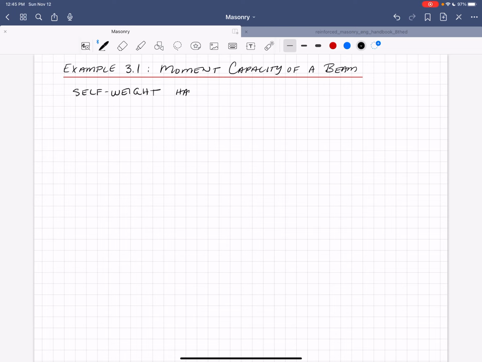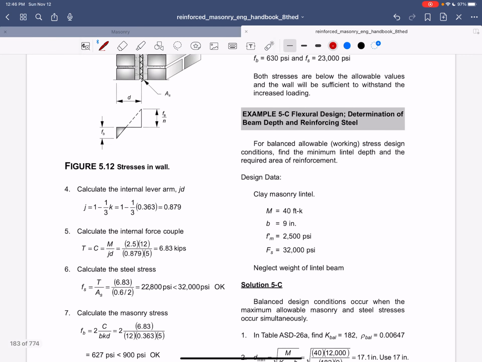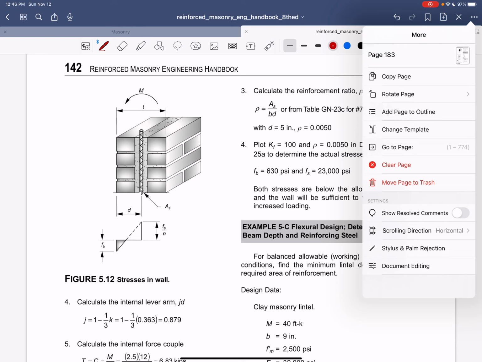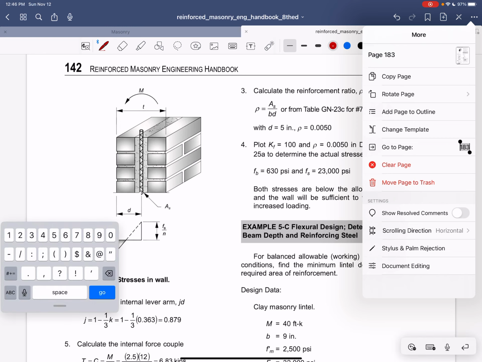I'm not going to continue to write handbook over and over, but for this one, it's handbook table GN-3A. And if you've got the PDF version of that, if you go to page 577, so I'm going to go over here.